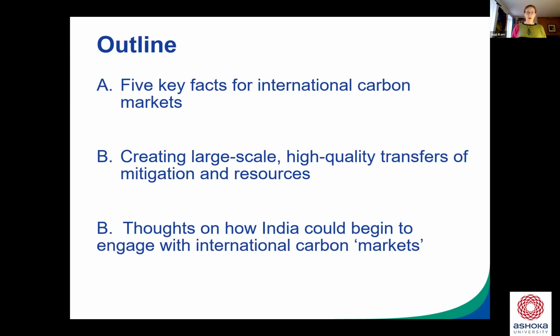And then finally, I'd like to end with some thoughts, really just to throw out on how India might be able to start engaging with international carbon markets. And I put it in quotes because I don't mean the sort of liquid financial markets that many people talk about, but much closer to a barter large-scale trade idea.